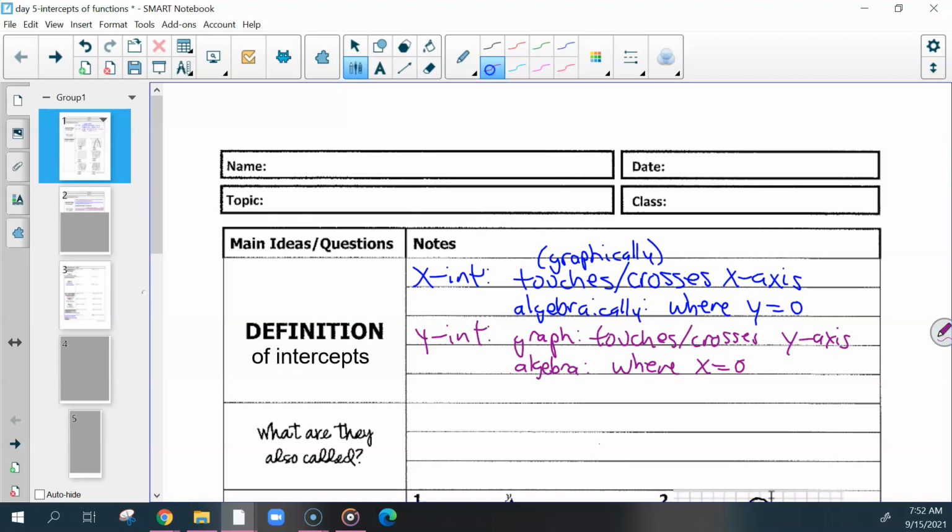So if you're looking for an x-intercept, y has to be 0. If you're looking for a y-intercept, x has to be 0. X-intercept has to cross the x-axis. Y-intercept has to cross the y-axis.